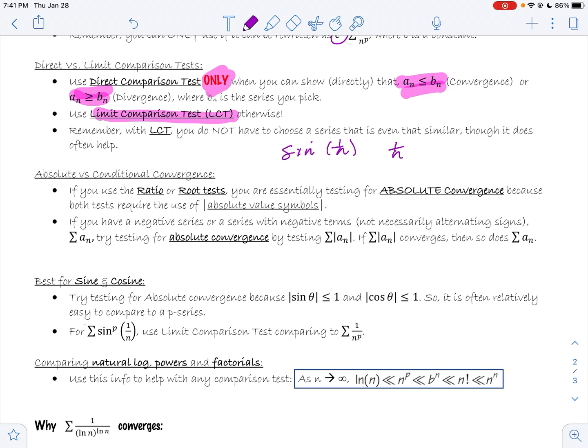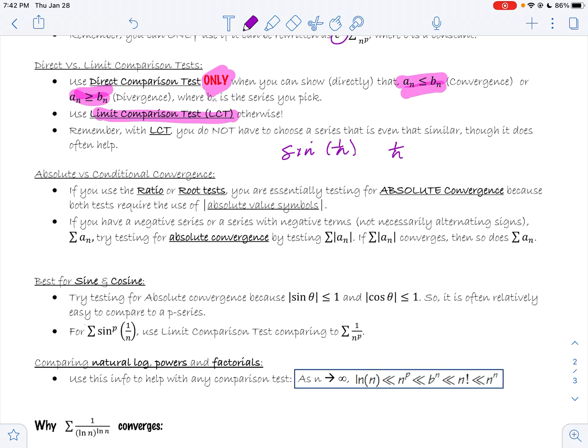These two things here are not alike. How do I compare the sine of 1 over n? How do I know which one is bigger and which one is smaller? There's not any nice way to get that 1 over n out of the parentheses and deal with it, so there's no way of really showing the comparison to this.